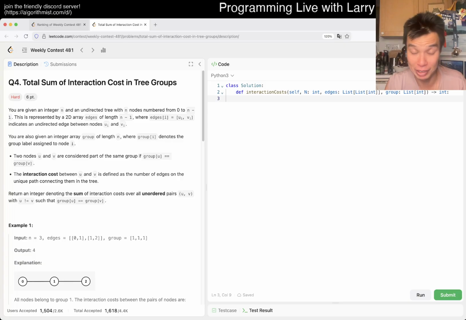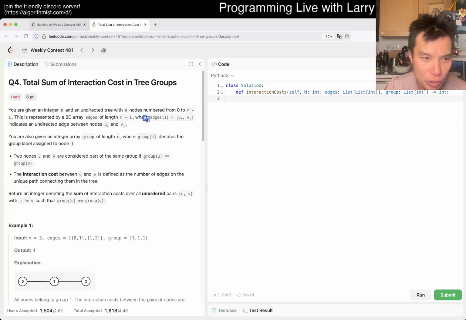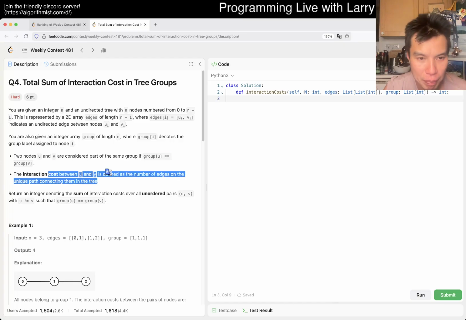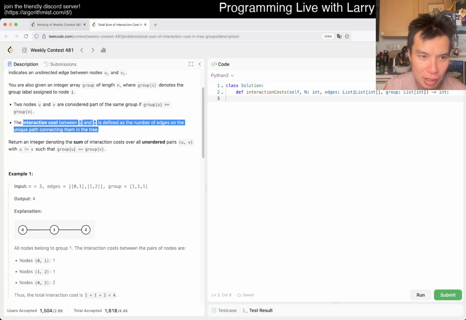I don't know why I'm reading so slowly. I think I got a little distracted by the last problem. I'm still thinking about it, not gonna lie. Okay, focus. This is just standard tree definition. U and V are considered the same group if they're in the same group. Interaction is the number of edges on a unique path between them. Okay, that's just like the distance, right?